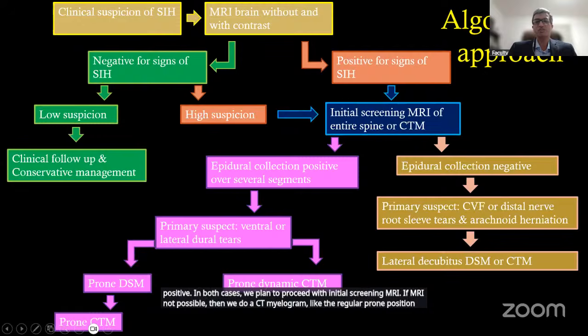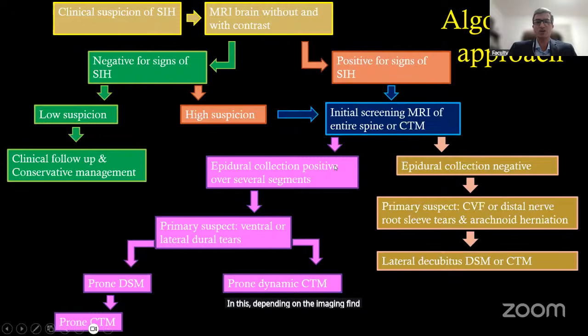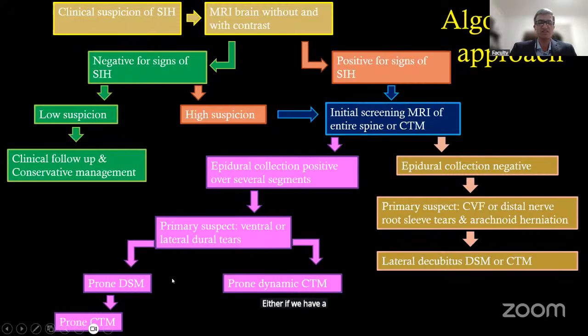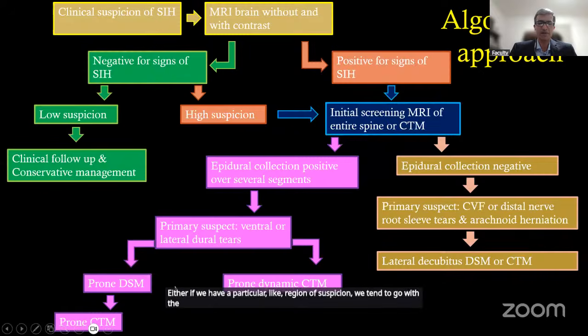In this, depending on the imaging findings, whether there is an epidural collection or no epidural collection, right? If there is an epidural collection, then we suspect ventral leaks. So we advise more problem-solving imaging. If we have a particular region of suspicion, we go with the prone dynamic myelogram.